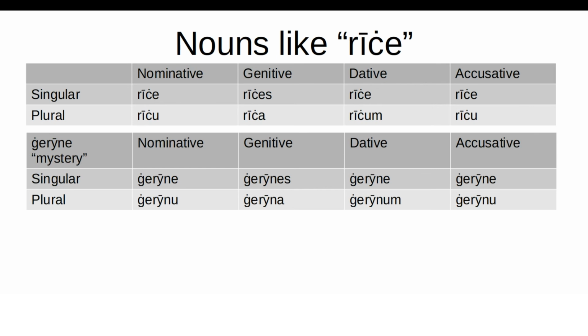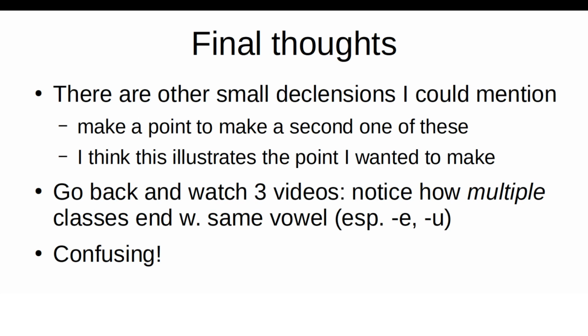I'm just going through these very fast because this isn't going to be comprehensive. There are other small declensions, like the I-stems. I might make another one of these videos, but I was flying through them. The reason for that is my point with this video was that there are a lot of classes which end in the same thing. There are a lot of e endings and a lot of u endings in the nominative singular. That's confusing.